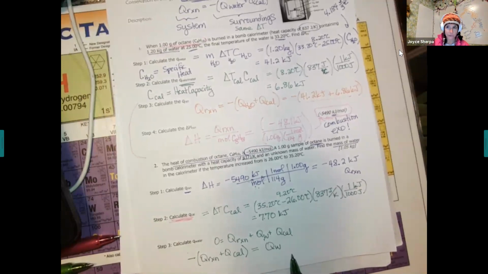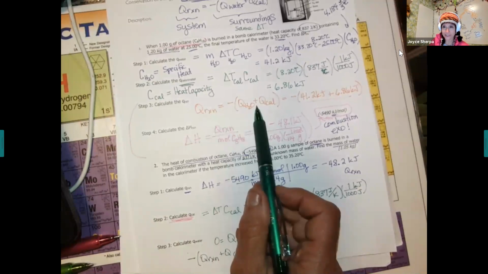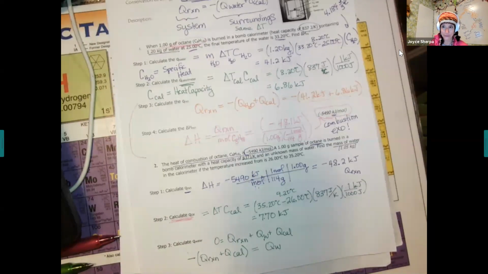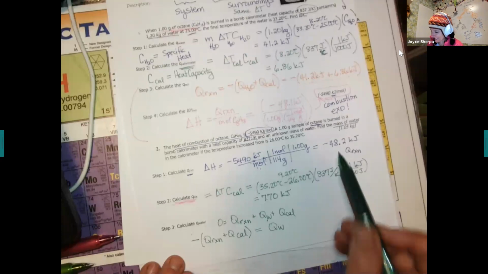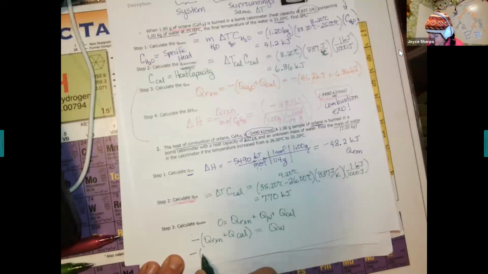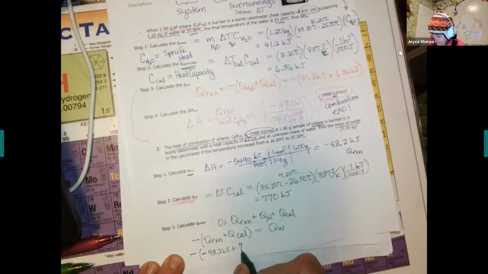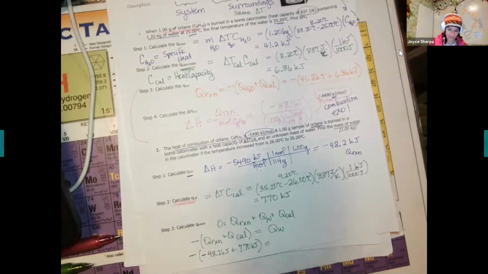Whatever one you're solving for, the other 2 are on the other side. This is where the sign is crucial. This negative is outside the parentheses, and then we have a negative 48.2 kilojoules inside, plus a positive 7.7 kilojoules. And that's going to be like 40.5.